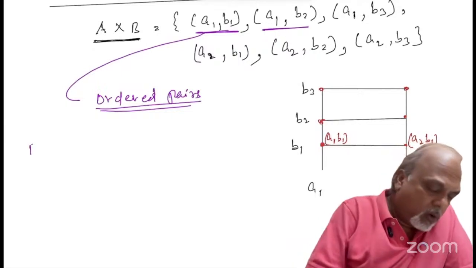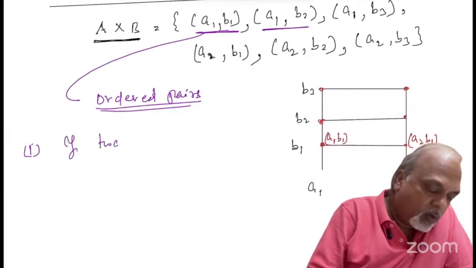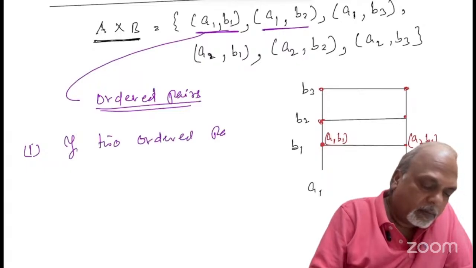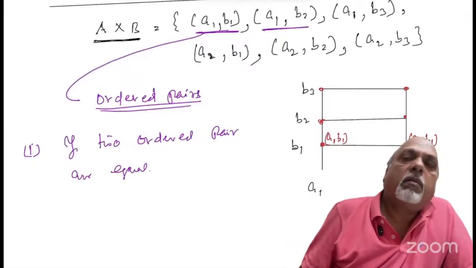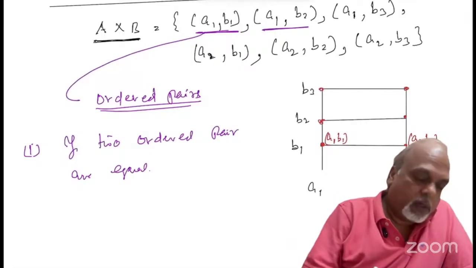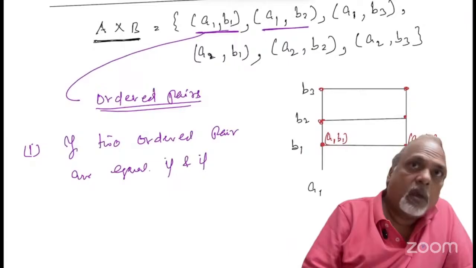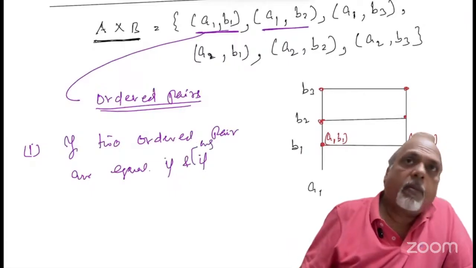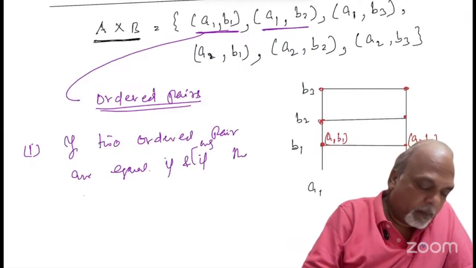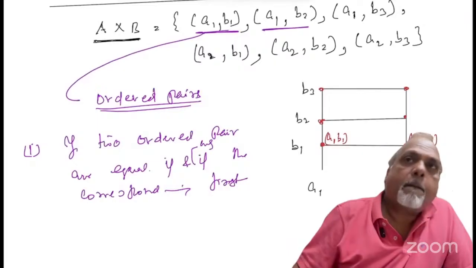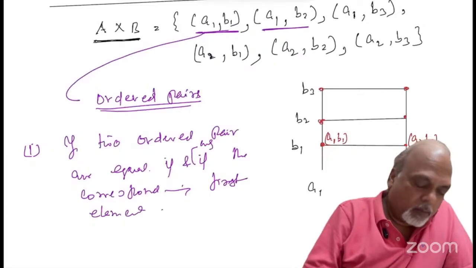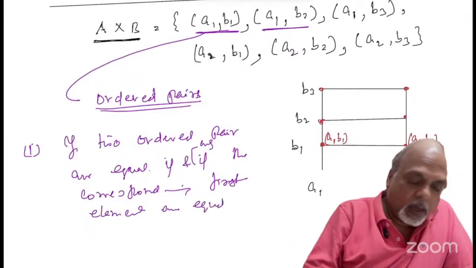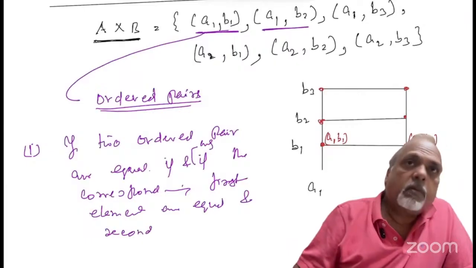Now, if two ordered pairs are equal, then it is possible if and only if the corresponding first elements are equal and second elements are also equal.